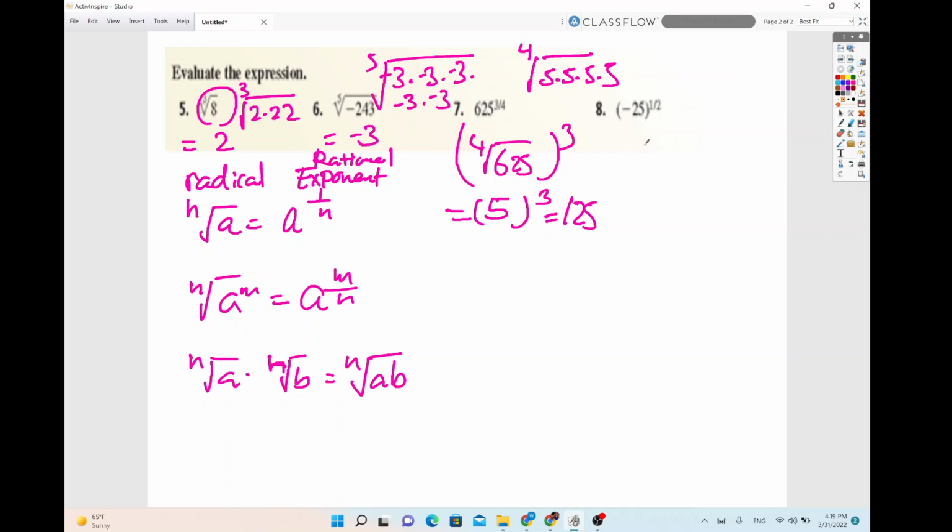And then the next one, negative 25 square root. So far in Algebra 1, this is not a real number. But in Algebra 2, this would be considered 5i. The reason is that the square root of negative 25 can be written as root 25 and root negative 1. One thing we notice is that the square root of negative 1 is i, which is an imaginary number.